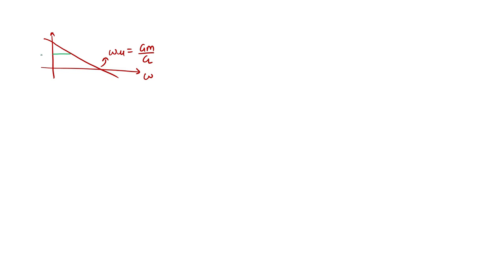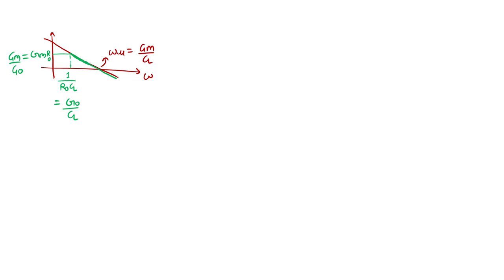This is your gm R naught. Okay, and what is this frequency? This frequency is nothing but 1 upon R naught CL, or I should say g naught by CL, and this thing I should say gm by g naught. Okay, so what will happen after this? After this frequency, it will follow this curve only.